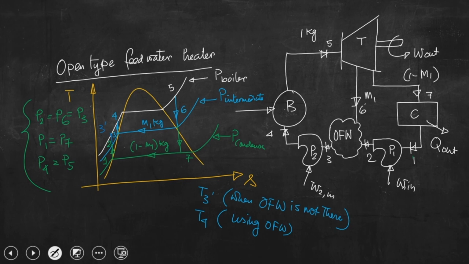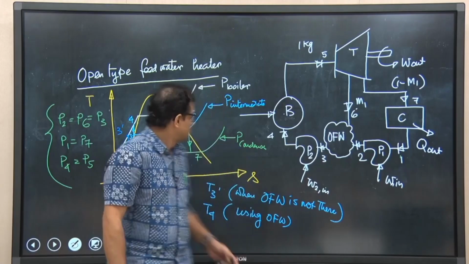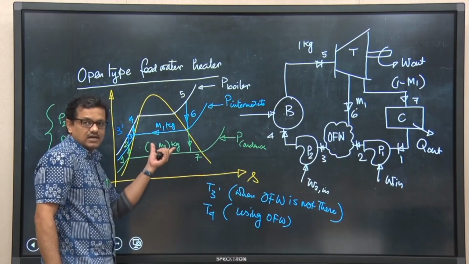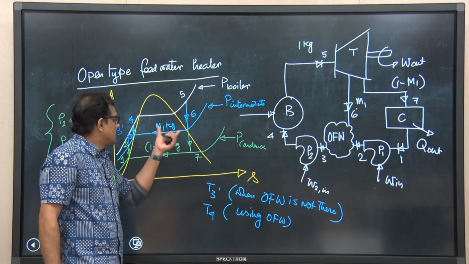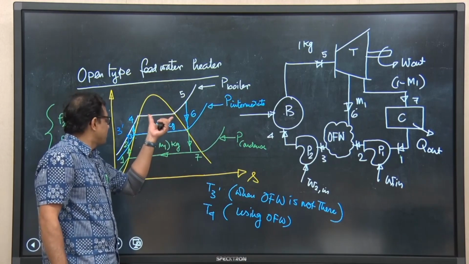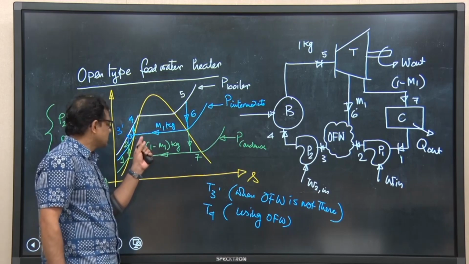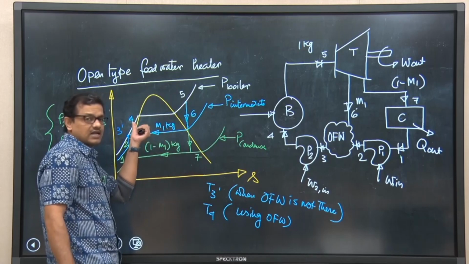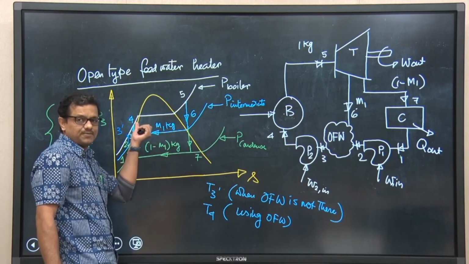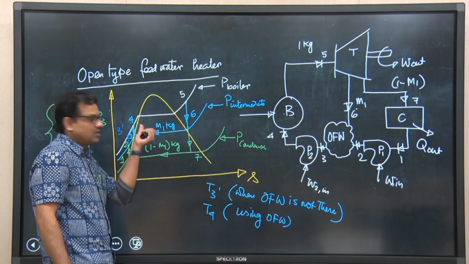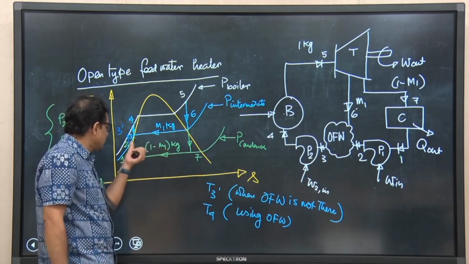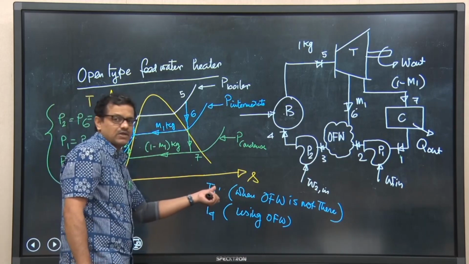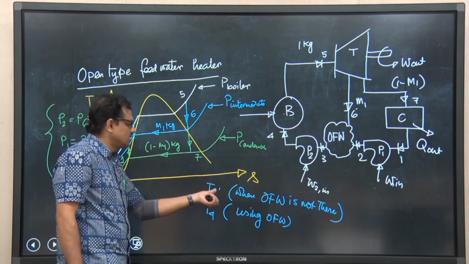When you would like to compare, we should have a common basis of comparison. So, if the boiler and condenser are operating at given pressures, say P5 and P7, then because of this arrangement we could increase the temperature of feed water up to T4, but in the absence of this arrangement, we could get the temperature of feed water at the inlet to the boiler as T3 prime.